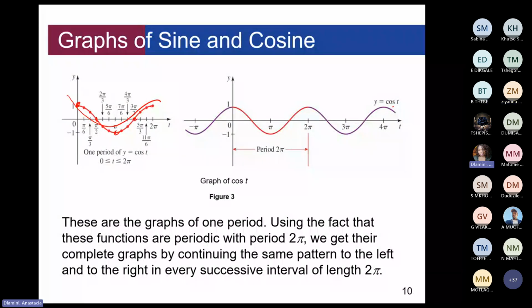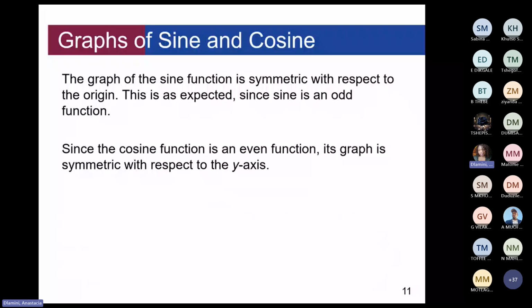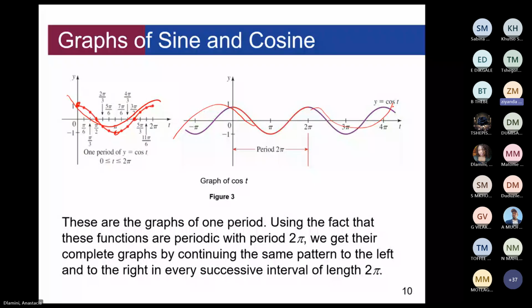The graph of the sine function is symmetric with respect to the origin. We know that this is expected since sine is an odd function. Wait, ma'am, please go back to the previous slide. Where it is written 0 is less than or equal to t is less than or equal to 2 pi, is that the domain?